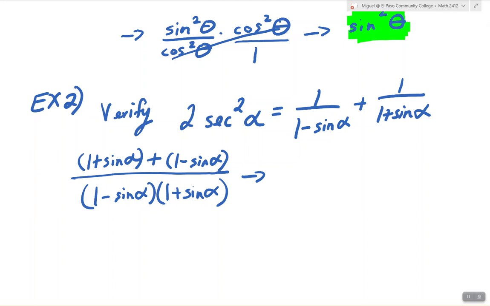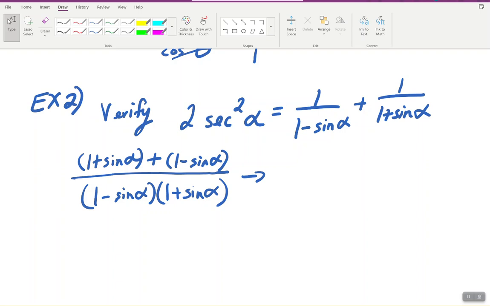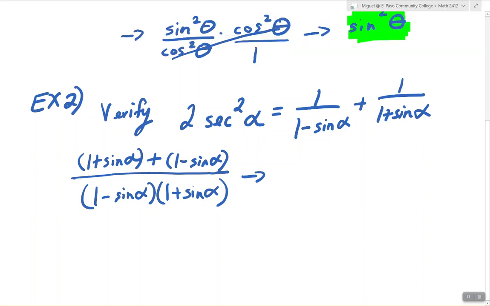On the top, because we're just adding those two terms, we can technically drop the parentheses. There's not going to be any sign change, because we're not multiplying by any negatives. So I don't need these parentheses on top, since we're just adding those two things.